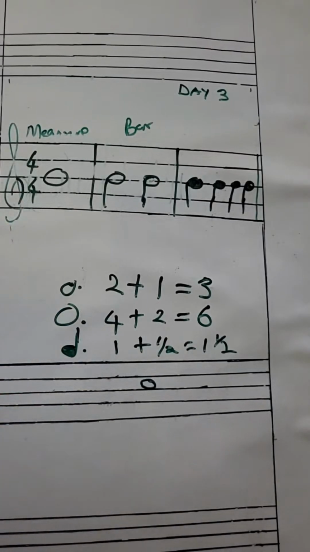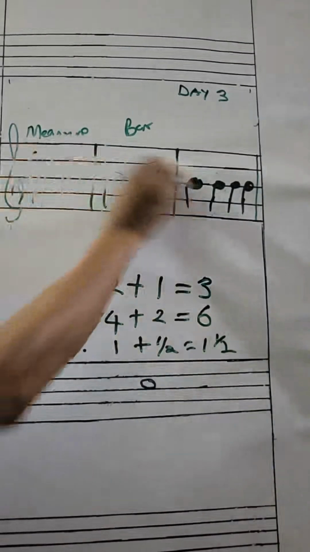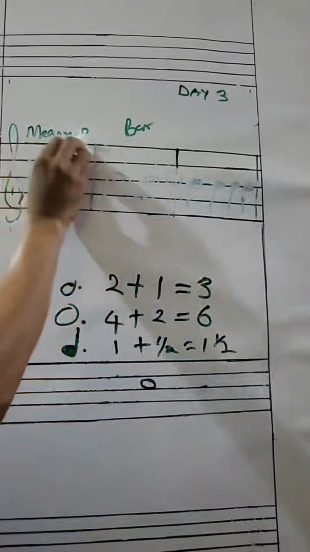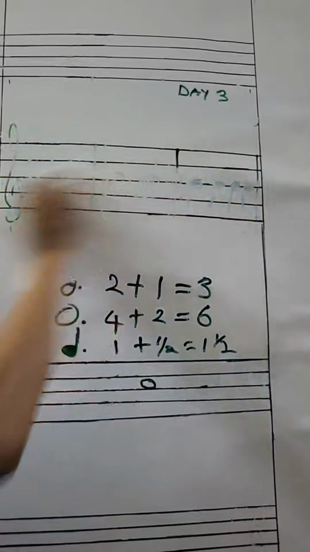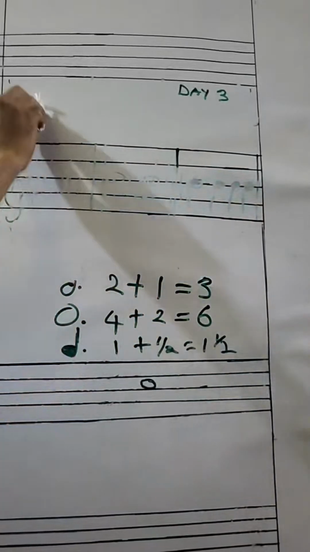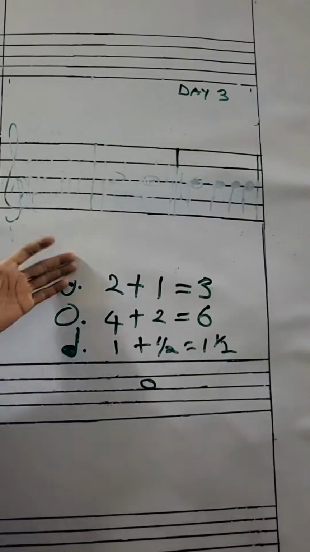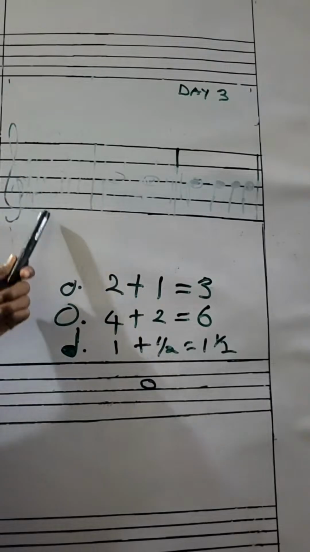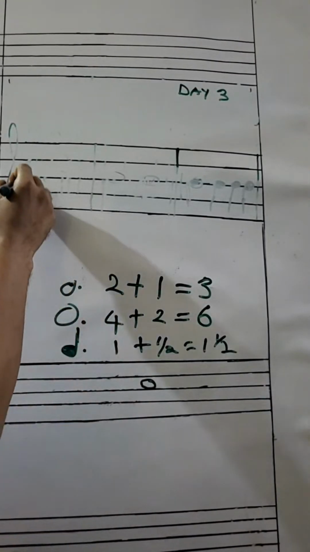Now we already know, we've established from the first day of this class, that your staff notation and music, basically musical sounds, are derived from the first 7 letters of the English alphabet, and we established that your first line, this is your treble staff already.